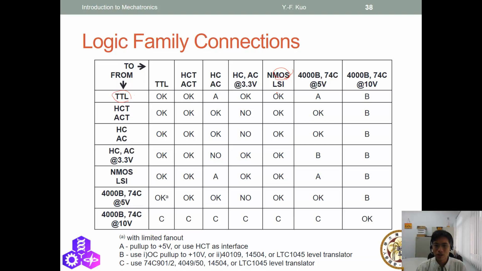Can they work together? Some of them work together well, but for others you need additional conditions, like the C here. You can see the notation at the very bottom of the slide, and the B here and the A here. So you have to understand what chips and gates you are using, what family they belong to, and whether one gate can work with another gate. So just check this table.